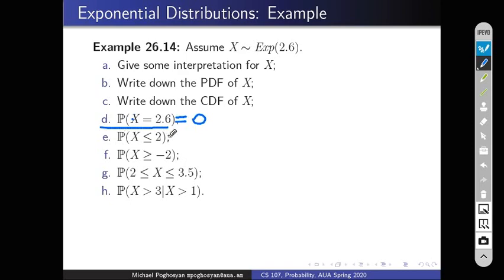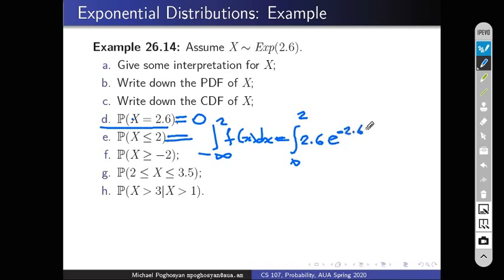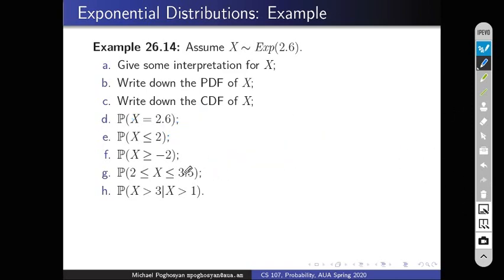Now I want to calculate the probability that X is less than 2. I have two ways to do that. The first one is to integrate the PDF from minus infinity to 2. Because our PDF is 0 for negative values, I'm just integrating from 0 to 2 of 2.6 e to the minus 2.6x dx. So we can calculate this integral and obtain the value. But I want to show how to use the CDF.